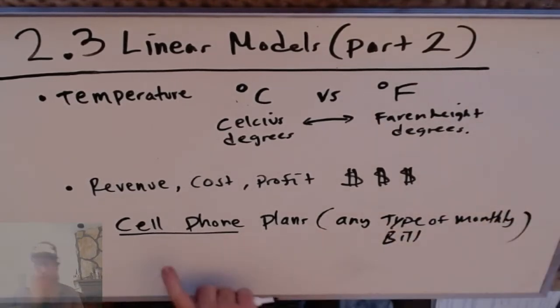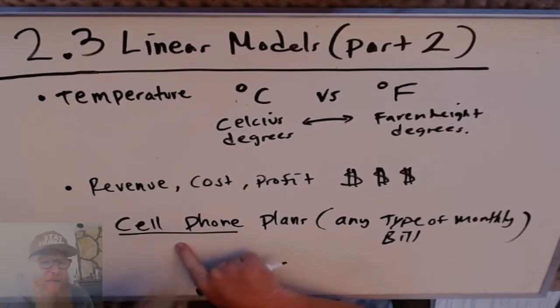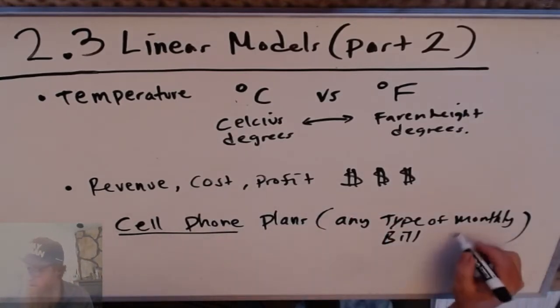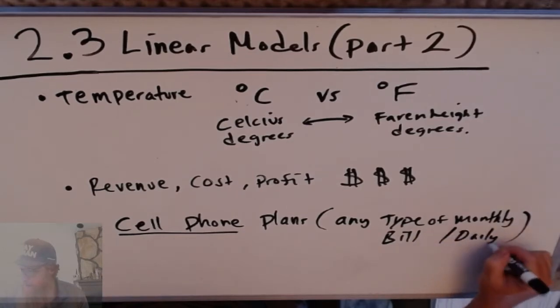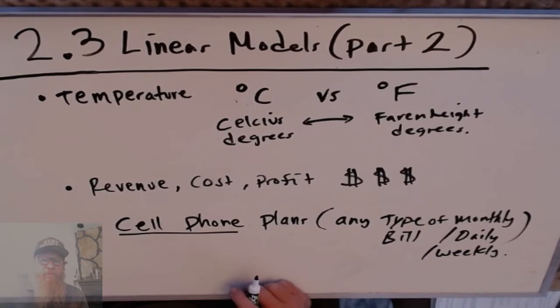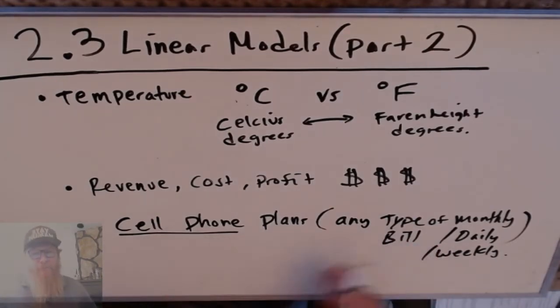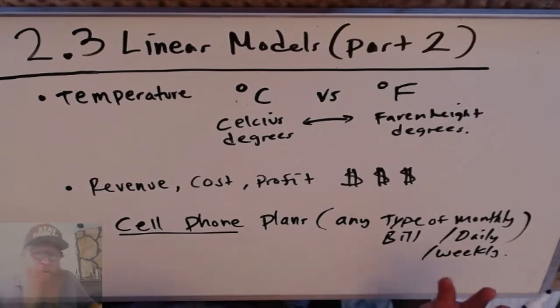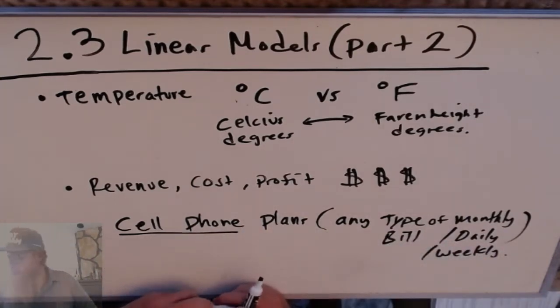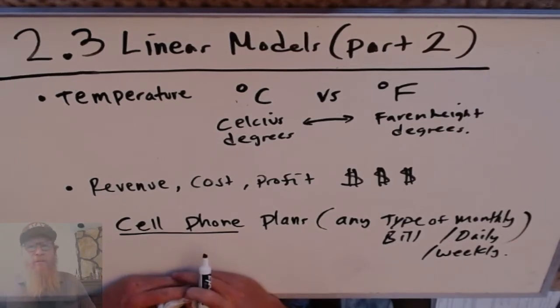In particular, your cell phone, but it could also be applied to other things that you're charged monthly or daily or weekly or whatever. So other types of models that involve a subscription or a plan that you have to pay for over time. Okay. In particular, we're going to talk about cell phones today.